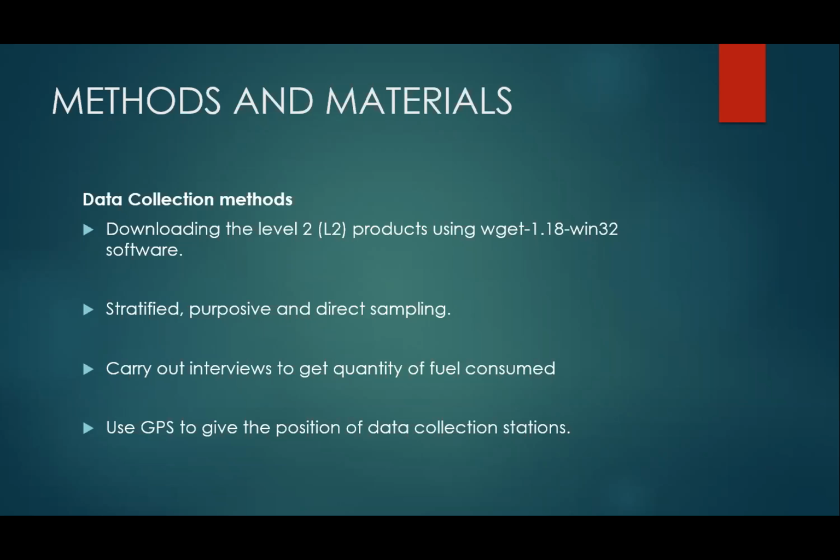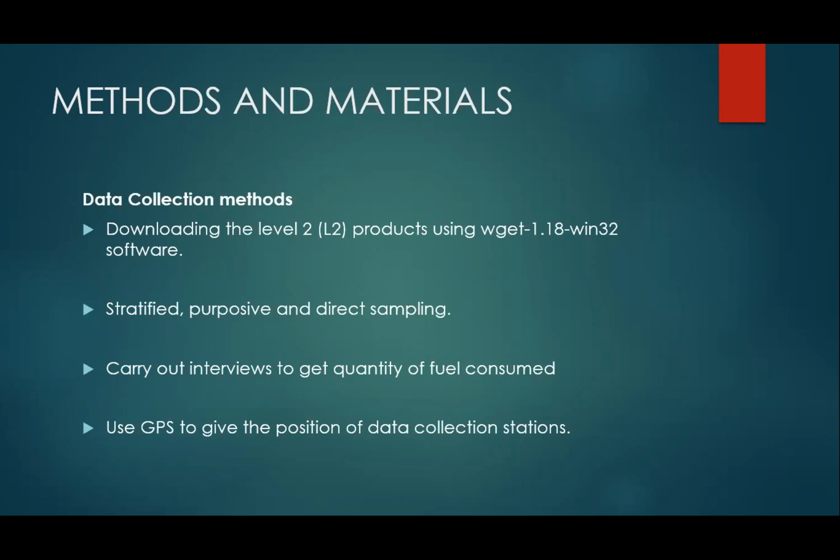We use stratified purposive direct sampling for the case of transport and industries, so that we cannot use all the industries to collect data. So we use this statistical method to get a few industries, but we make sure that there's spatial coverage.